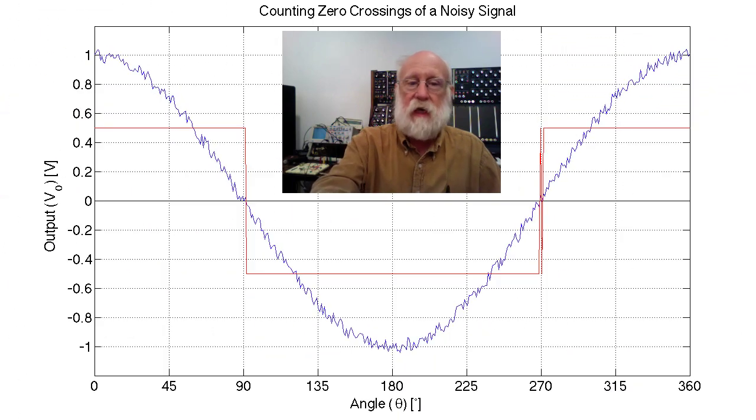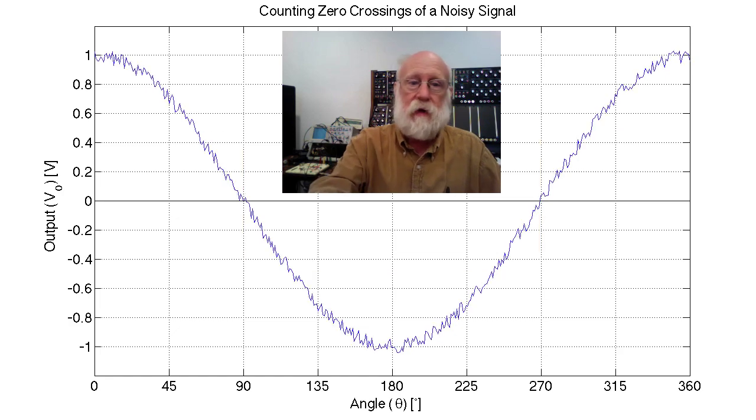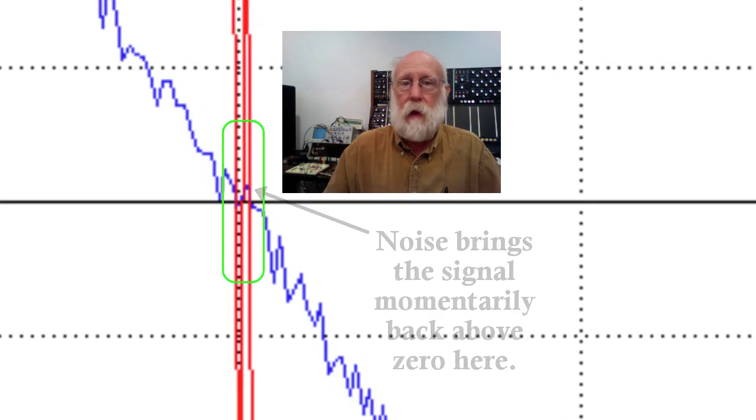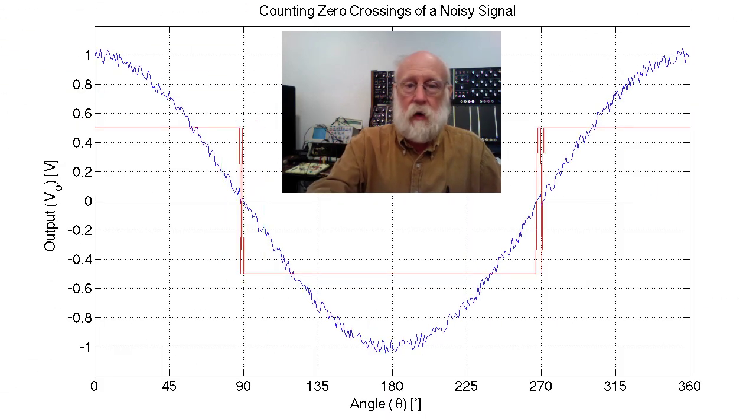If we do this again with a different noise signal applied, in this case, it did it right. It did not have any extra transitions at the 2 0 crossings. If we do it again, now we picked up an extra one on the falling edge. If we do it again, now we have an extra one on the falling edge again. And again, oh, look at this.